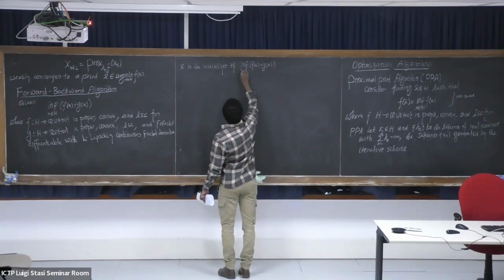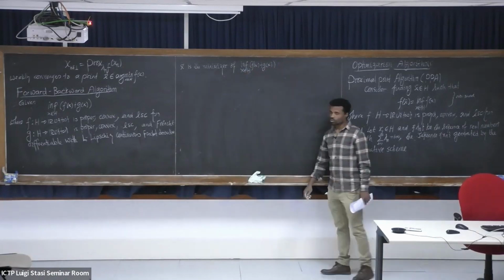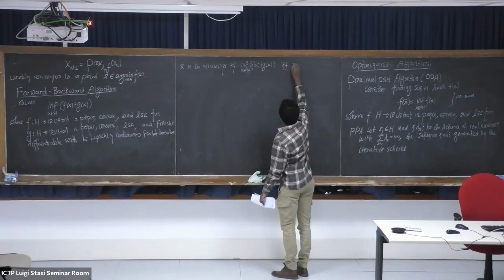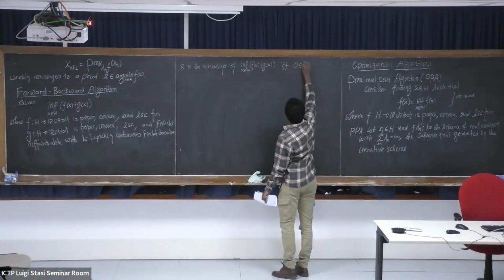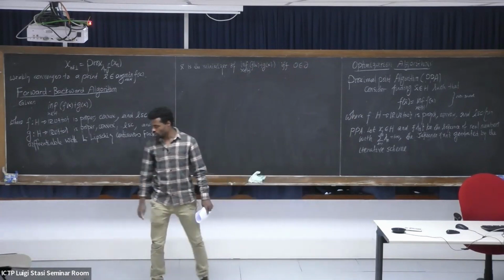Under this condition, let's assume that x bar is a minimizer of this one. By the first order condition, we have that 0 is an element of this. Assuming that, I need one extra assumption.